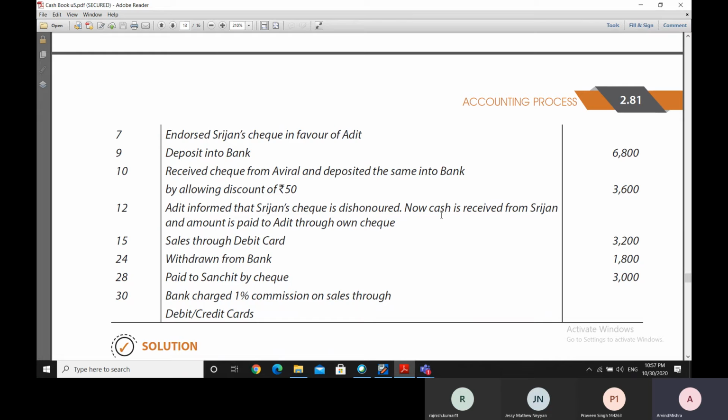And now cash is received from Srijan and the amount is paid to Adit through our own check. Now what is happening is that Adit informed that Srijan's check is dishonored. So cash is received from Srijan. Since Srijan's check was dishonored, Srijan has paid us cash, and that cash we have paid to Adit through our own check.